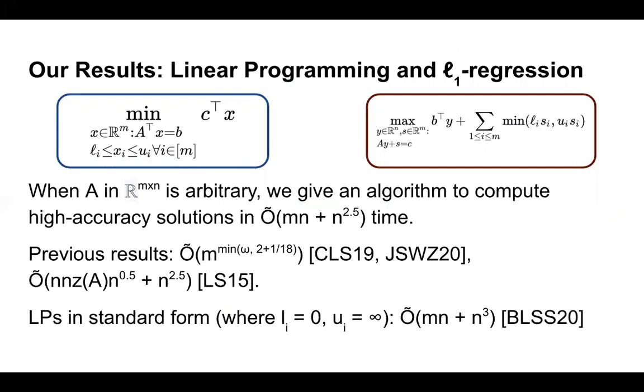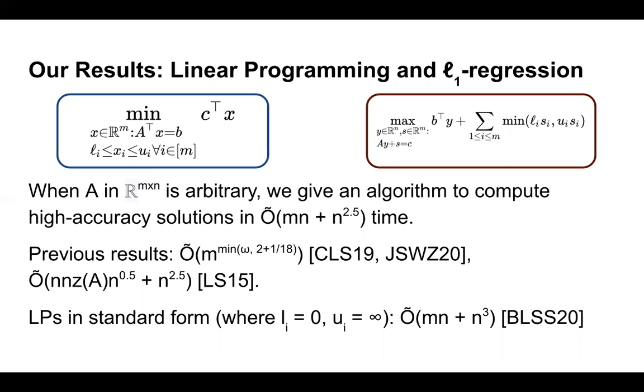This compares to previous results, which were able to achieve m to the omega runtimes, or nnz(A) times root n plus n to the 2.5 runtimes. As you can see, these results are not nearly linear time for even dense matrices, while ours is for matrices that are dense, so almost all the entries are filled, and sufficiently tall, so m is at least n to the 1.5.